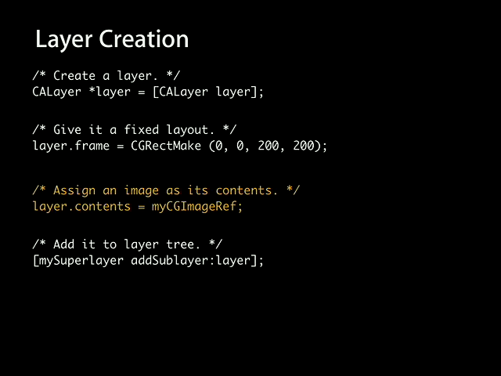And in this case, because we haven't told it to do anything else, it'll resize to fit the bounds of the layer. And then, as I said earlier, we have to add it to the layer tree. So we use this convenience method to modify the sublayers property of the parent, this mySuperlayer thing. And once we've done that, if mySuperlayer is already visible, then we'll get some kind of default crossfade transition, and it'll just appear on the screen.